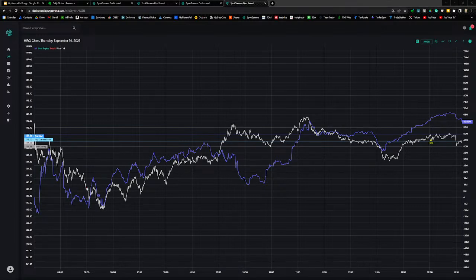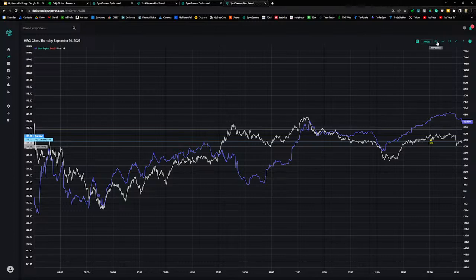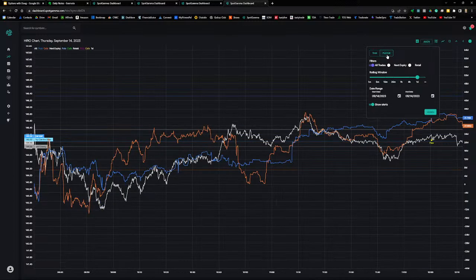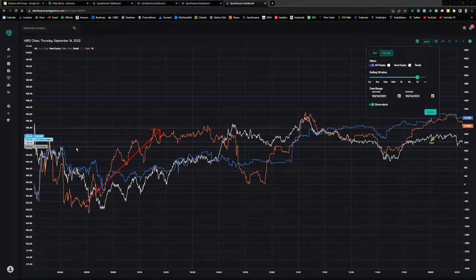Hero shifts bullish right around 9:50. Let's see what traders were doing. Right around 9:50, they start buying calls pretty aggressively. That's shown by the rising orange line. And just a few minutes later, they stop buying puts, start selling puts, and price responds higher.